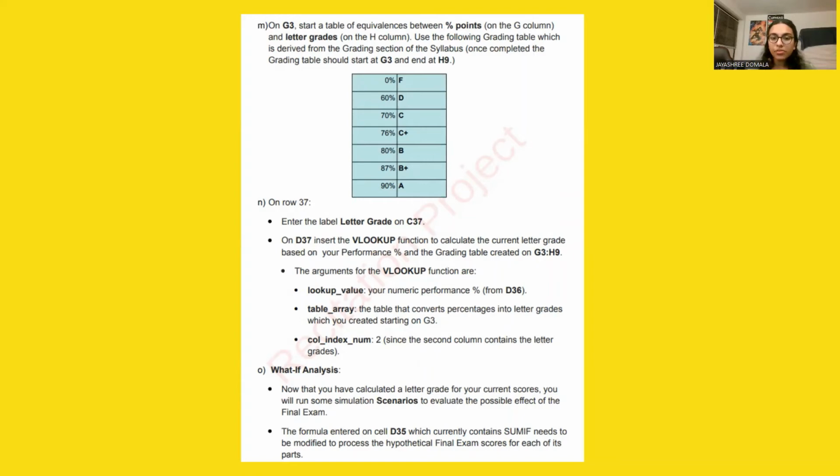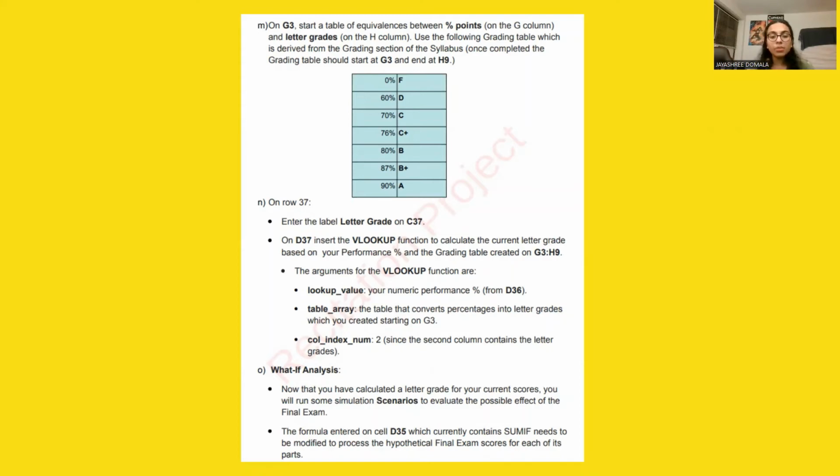On row 37, you have to enter the label Letter grade on C37. Then on D37, insert the VLOOKUP function to calculate the current letter grade based on your performance percentage and the grading table created on G3 to H9. So the arguments for the VLOOKUP function are as follows. The first one is lookup_value, which is your numeric performance percentage that comes from D36.